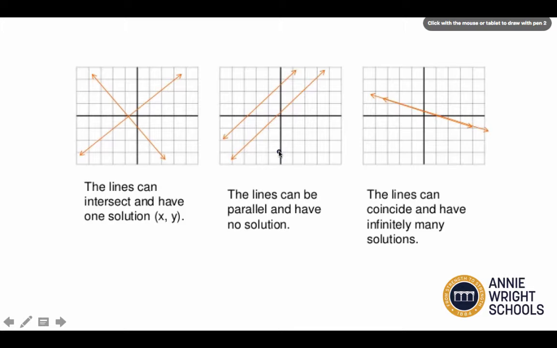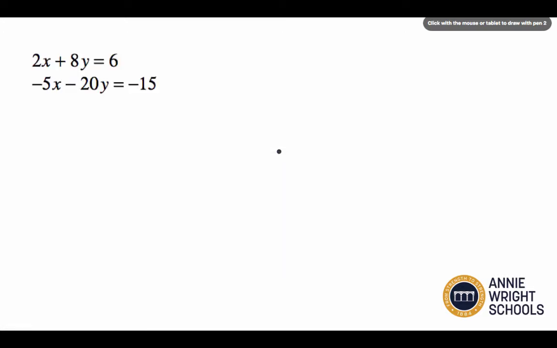So take a look at this system if we were to solve here. I've got 2x plus 8y equals 6 and negative 5x minus 20y equals negative 15. Let's do elimination.